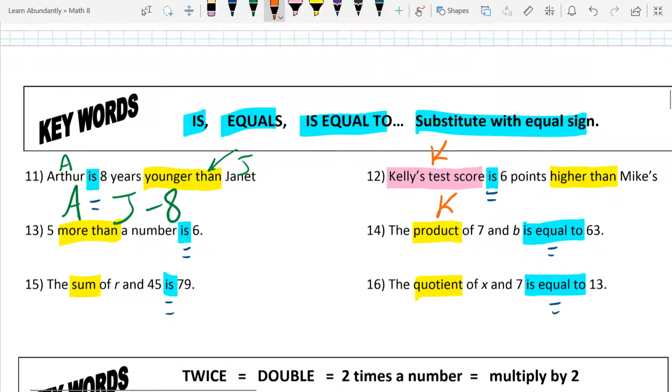So I'm going to use an M for Mike's test score. And then I'm going to go over and write M plus 6 because it's Mike's score and then hers is 6 points more than that. Number 13, 5 more than a number is 6. So again, we want to switch the order. It just says a number, so I'm going to use X.